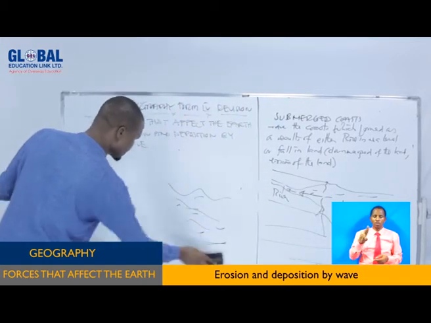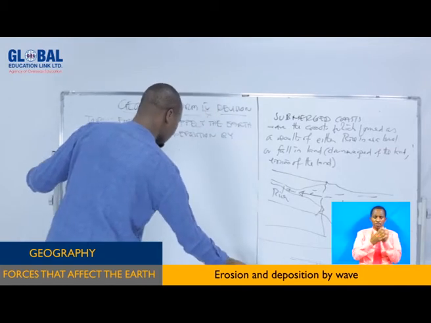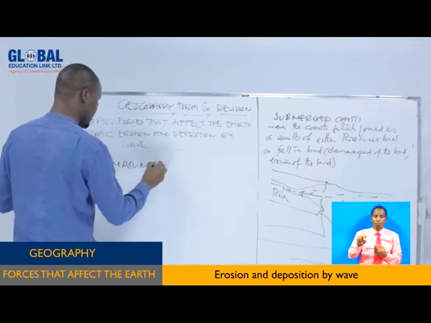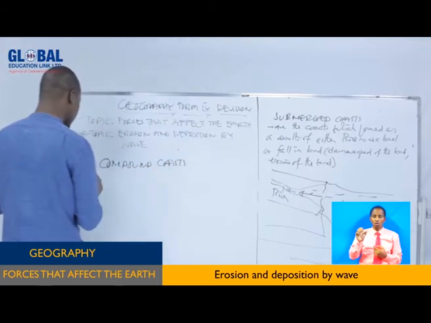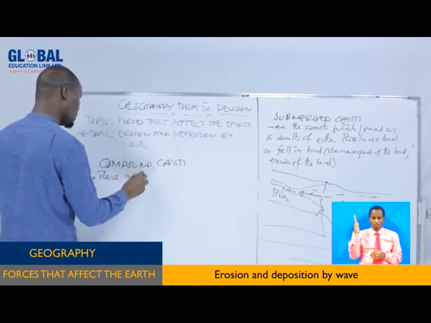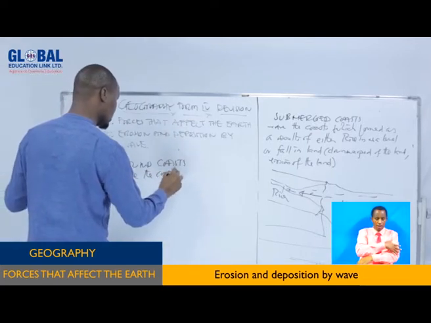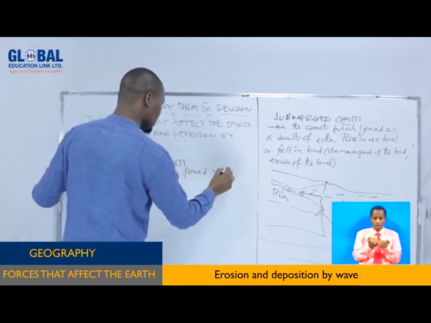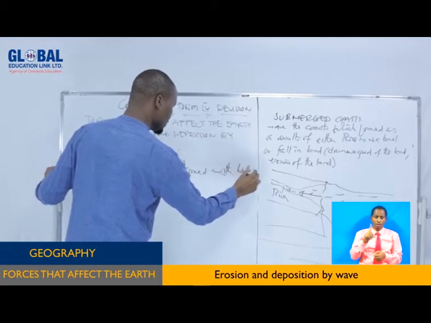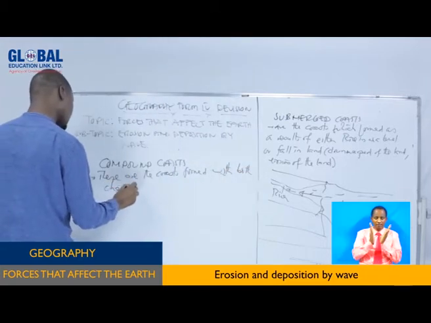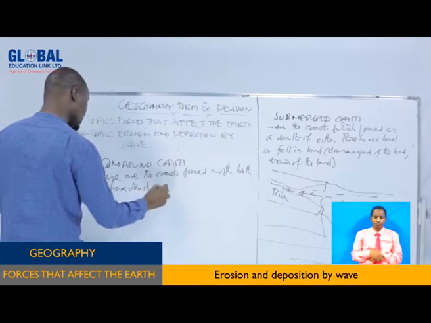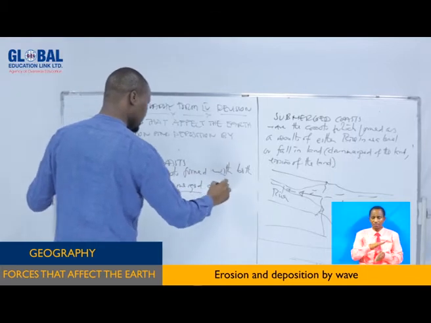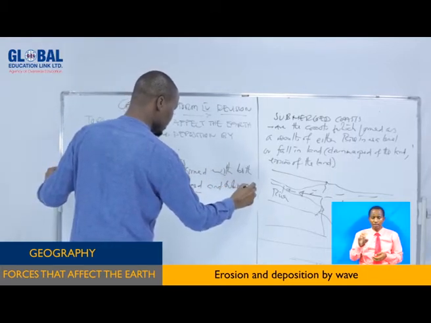Sorry, we have the compound coast. We say this is a coast formed with both characteristics of emerged and submerged coast.